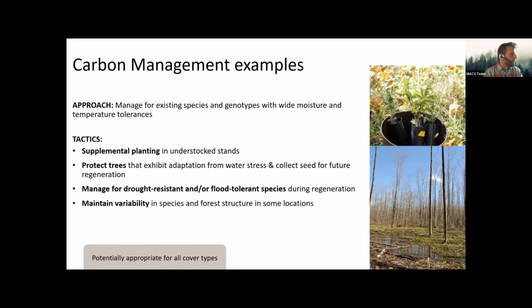Another example would be, when doing management, managing for some of the existing species or genotypes that occur on your site that exhibit wide moisture or temperature tolerances. And so ways that you could manage for those existing species are supplemental planting, to boost the component of the forest of that particular species.